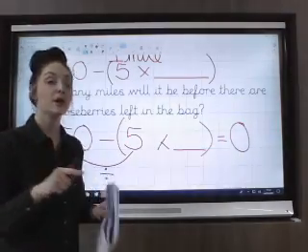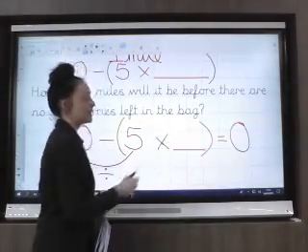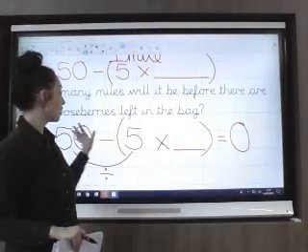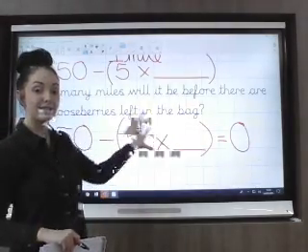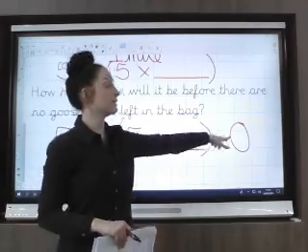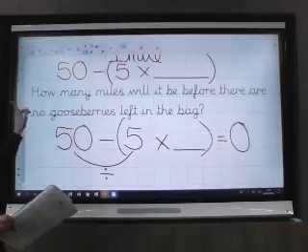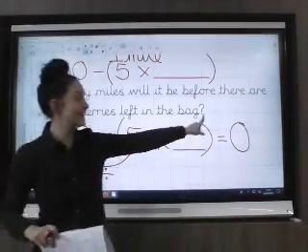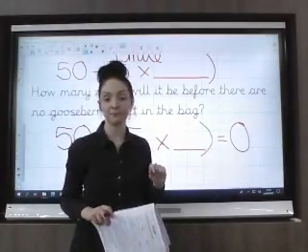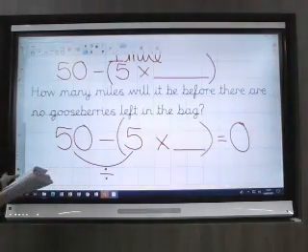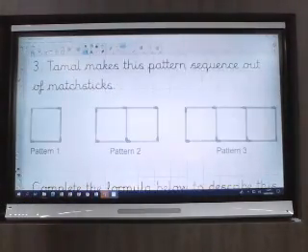Just double check it works. Whatever number you write in here, just double check that 50 take away 5 times whatever it is, equals 0. Because that's what we want to know, isn't it? How many miles before he's got 0 gooseberries? Okay, so that's page 46.